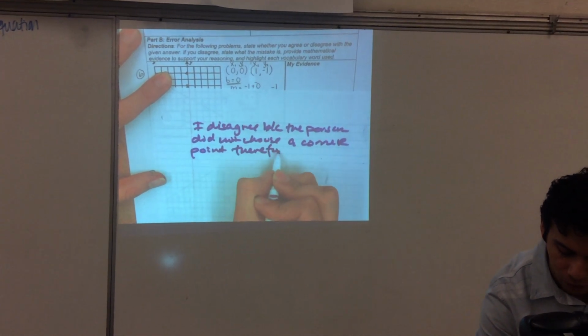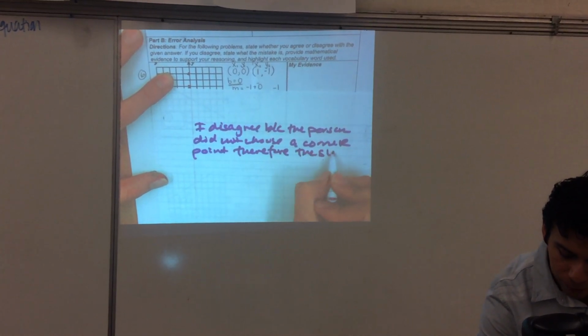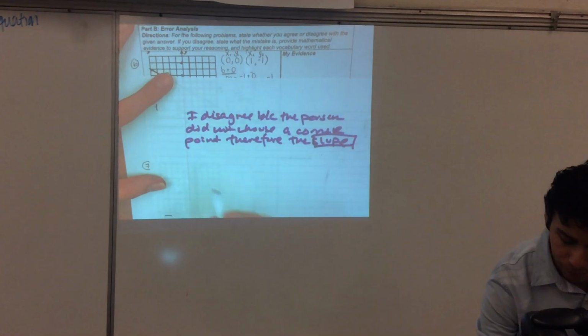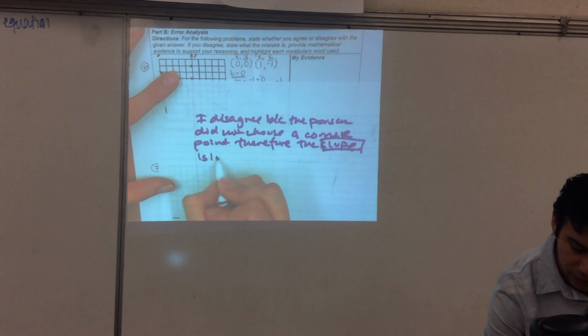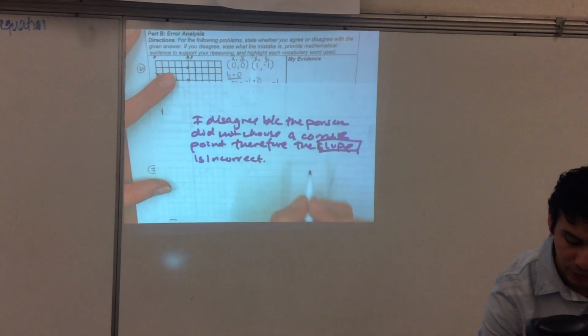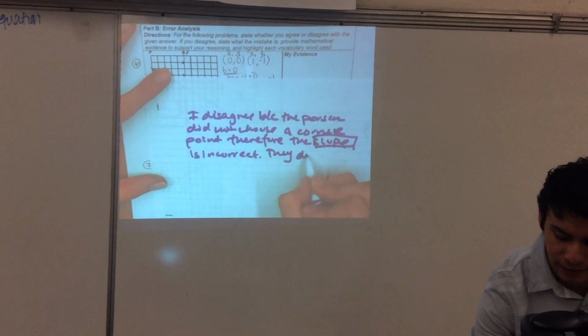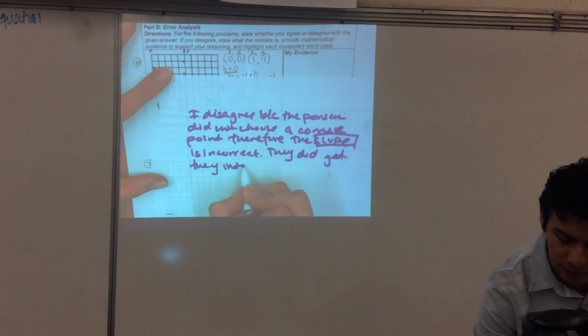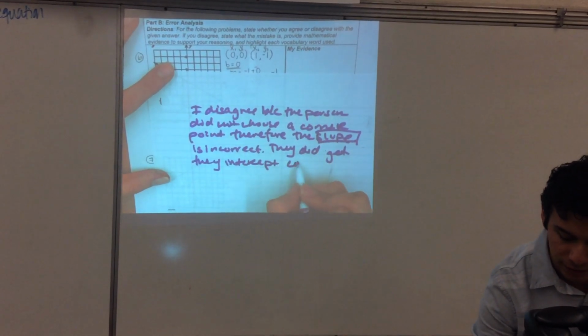Therefore, the slope, keyword, highlight it. Therefore, the slope is incorrect. They did get the y-intercept correct.